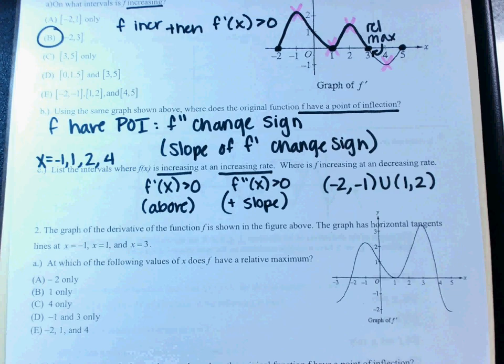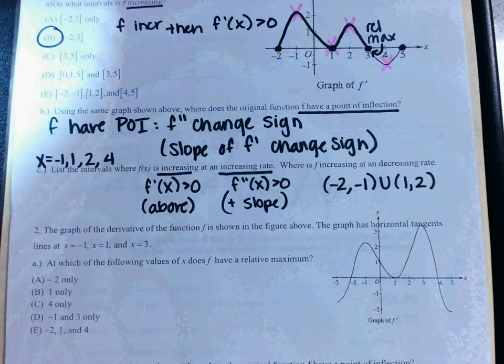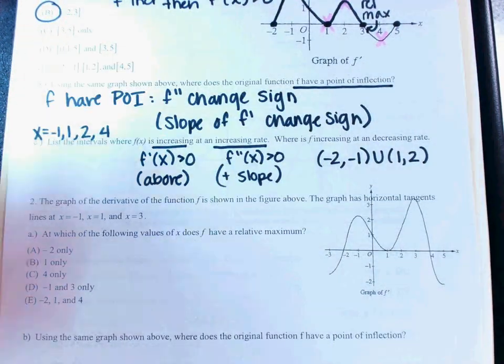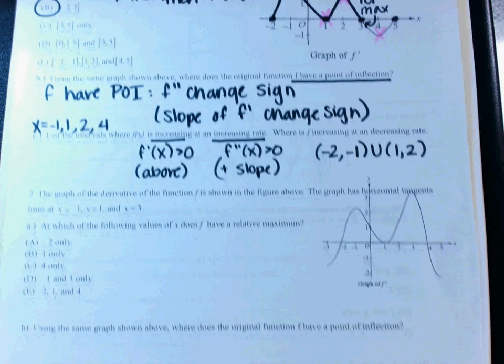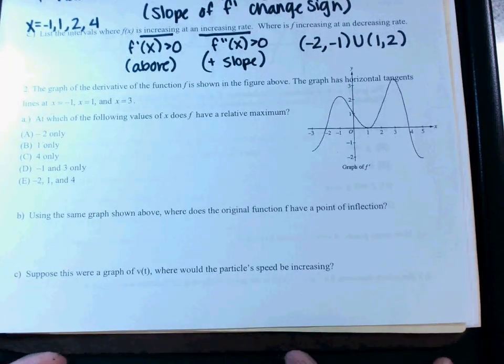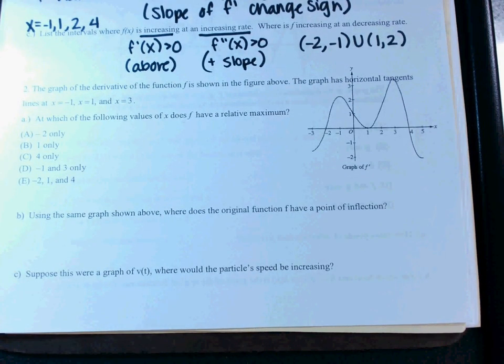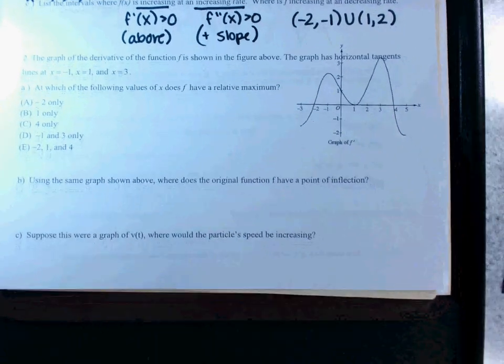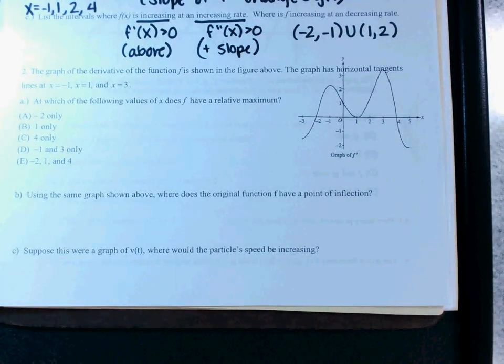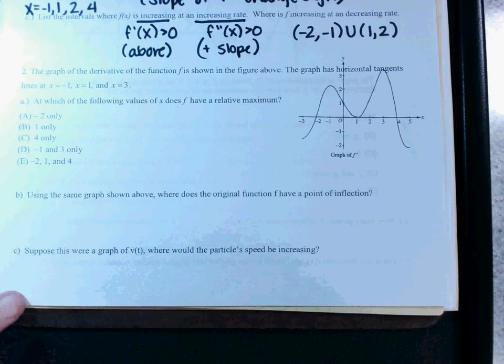Now, fast forward down to number 2, part C. It says, where would the speed be increasing? How do you know when speed is increasing? They don't have to both be positive, they just have to match. So they can both be positive or both be negative. Several of y'all missed that on your test.